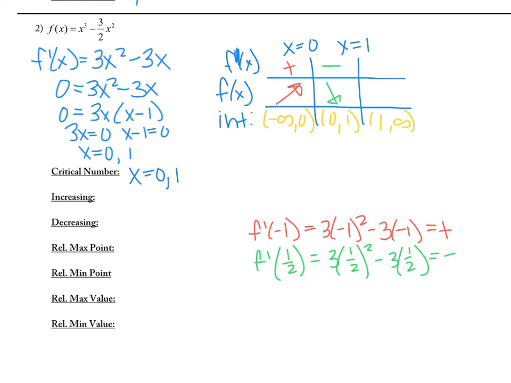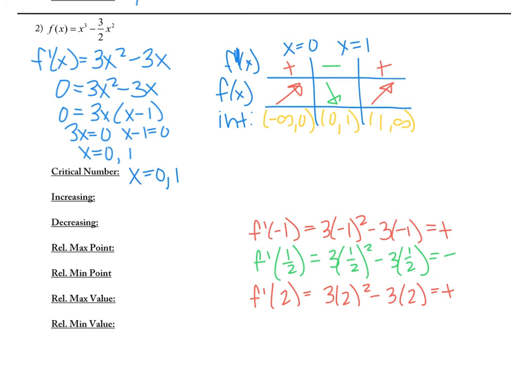Okay, and then finally, pick a number to the right of 1. So I'm just going to pick 2. Plug it into the first derivative. Okay, and notation is important because we're going to eventually get to a second derivative test. So this is positive, and it goes to infinity. So that means it's increasing.